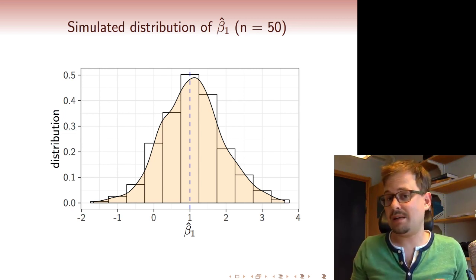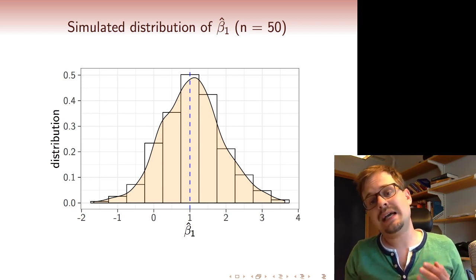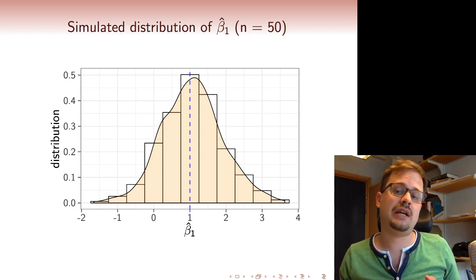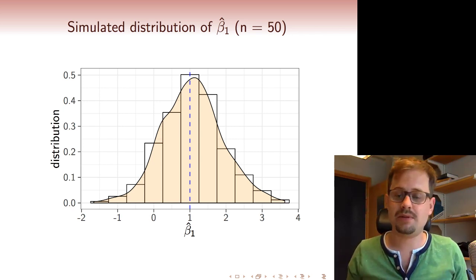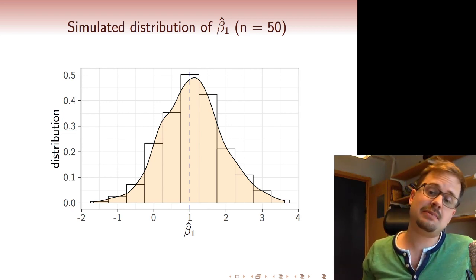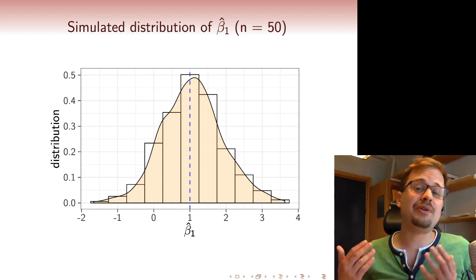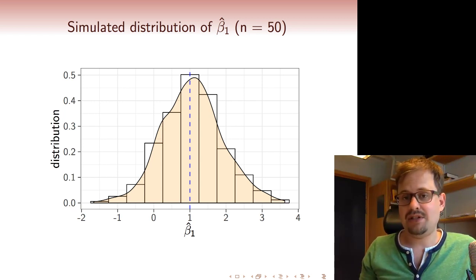Here I've chosen sample size n equal 50. How would the distribution look if I choose a larger sample size, such as 100, for example? So this is exactly what I'm going to look at next. I'm not just simulating the distribution for n equal 50, but also for larger sample sizes, and we see how that changes the distribution.